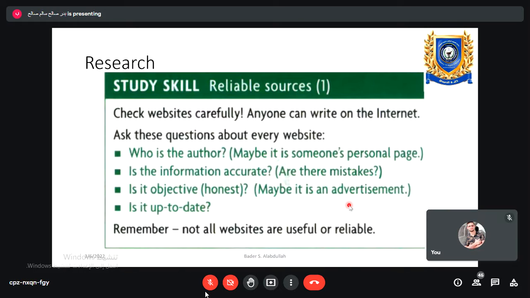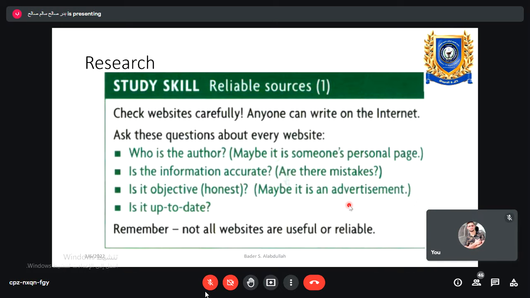Most of the time, these are subjective. And I think you know what objective and subjective mean, and why when you are searching for information, it is better to find objective websites than subjective websites. I think you know that.